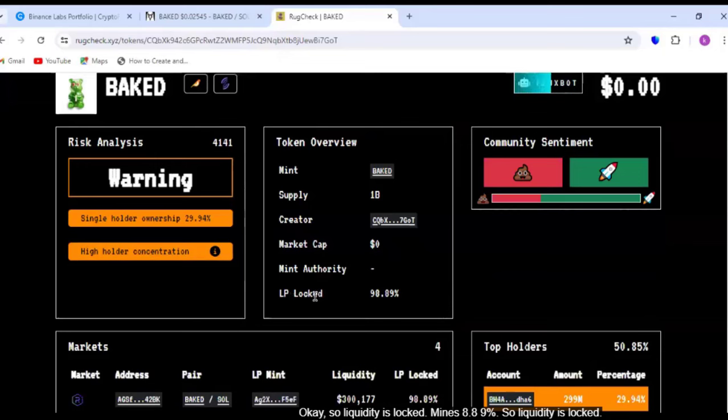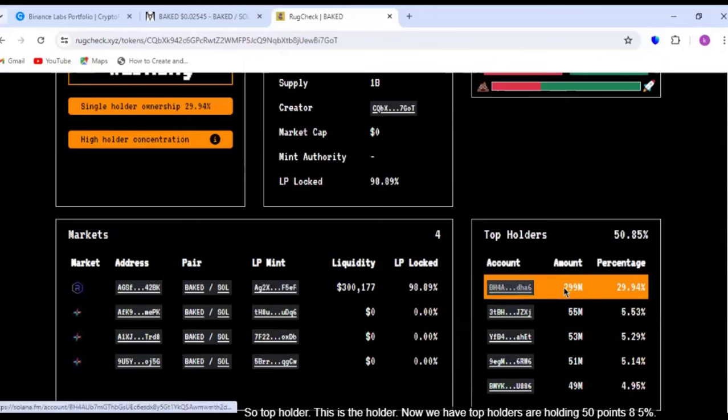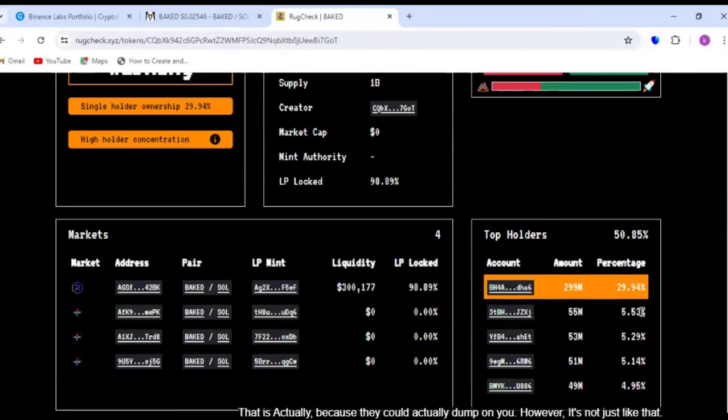Okay, so liquidity is locked, 98.89%. So top holders are holding 50.85%. That is actually too rich because they could actually dump on you.